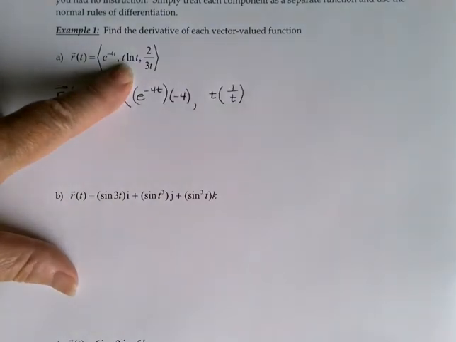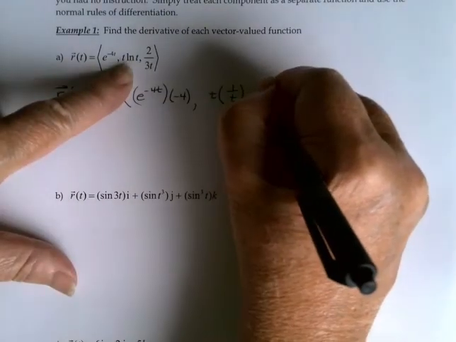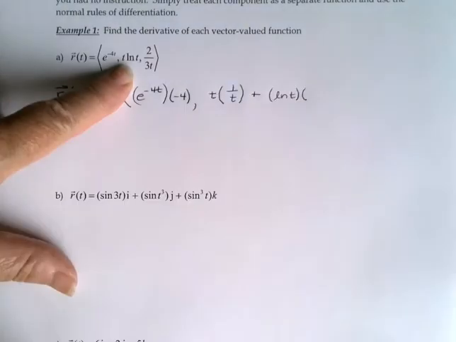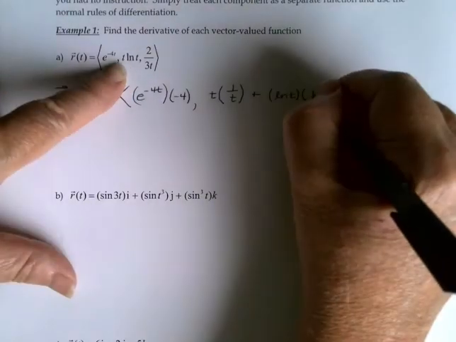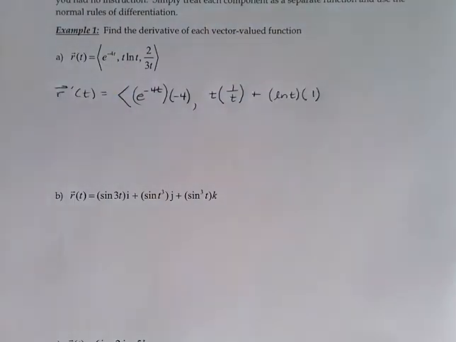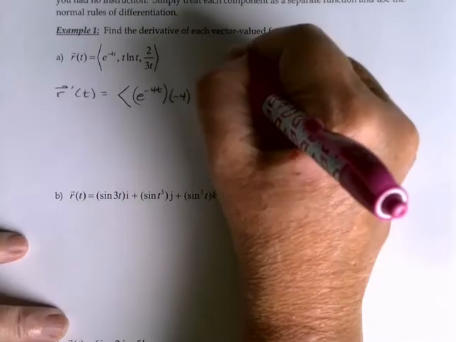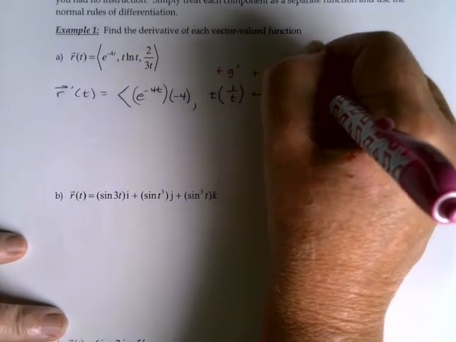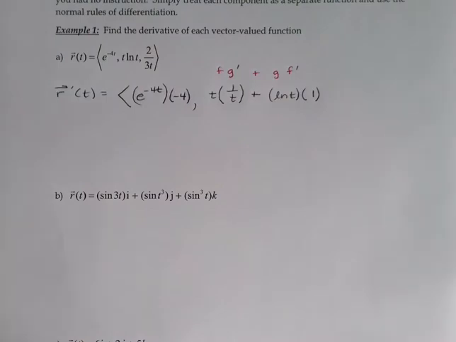Derivative of ln t is 1 over t, plus the second, ln t, times the derivative of the first, which is just 1, right? Just as a reminder, that's sometimes written as fg prime plus gf prime, right? Same thing.